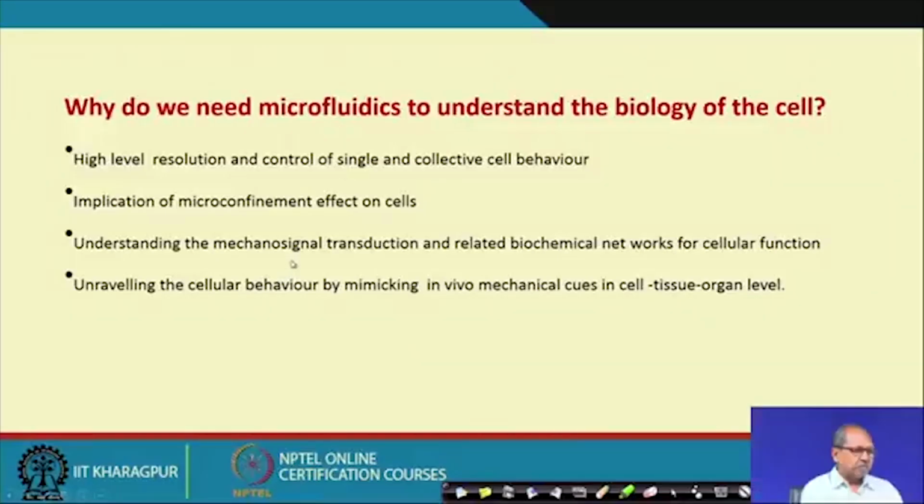The third point is understanding mechanosignal transduction and related biochemical networks for cellular functions, meaning how we can generate a mechanical signal by using different types of fluid flow, and how the mechanical signal generated by these fluid flows is transmitted or transformed into a biochemical signal and affects cellular behavior.